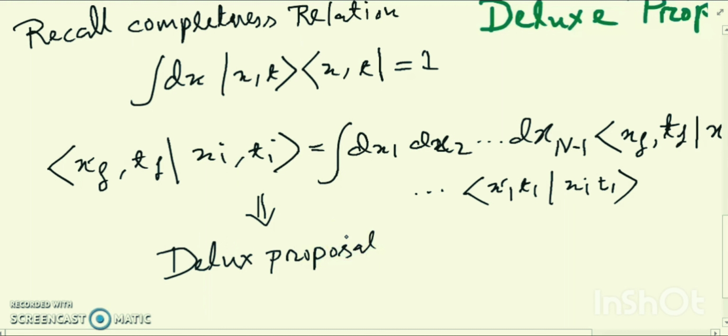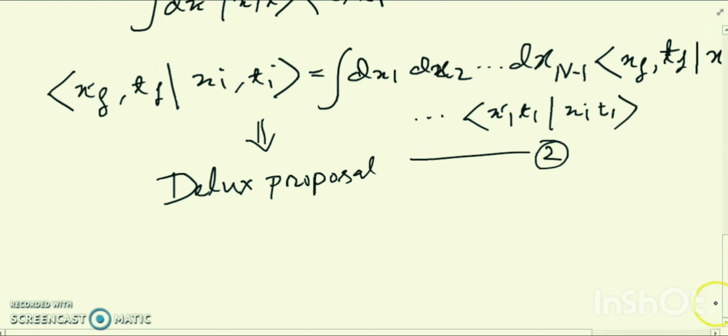When you do that integration, x1 to x(n-1) are integrated over the full range, but here x1 to x(n-1) are some very specific points, and one does not know a priori whether they are the same. So this equation is number 2.